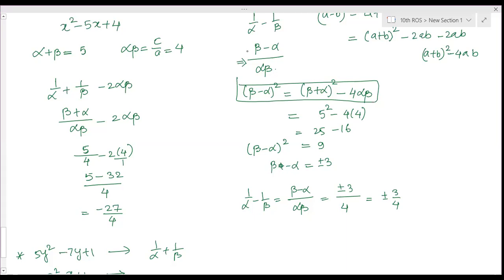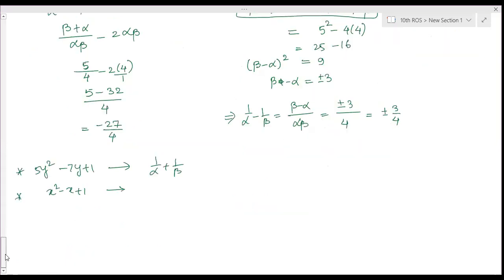Out of that, the minus sign part is there, so we have to square it. We have to use this identity to get the value of beta minus alpha. Beta minus alpha whole square is equal to beta plus alpha whole square minus 4 alpha beta. Then substitute these values, you will get the value of beta minus alpha whole square is 9. So beta minus alpha is plus minus 3. And then substitute that in the required question.